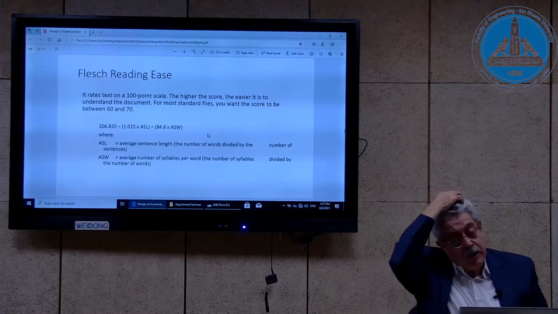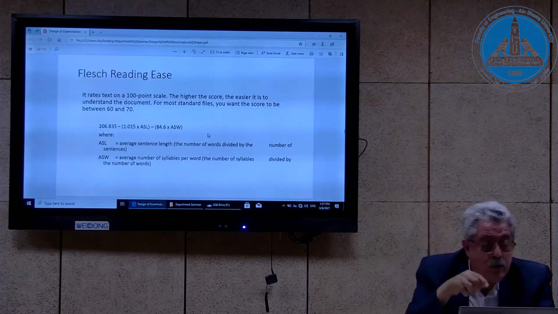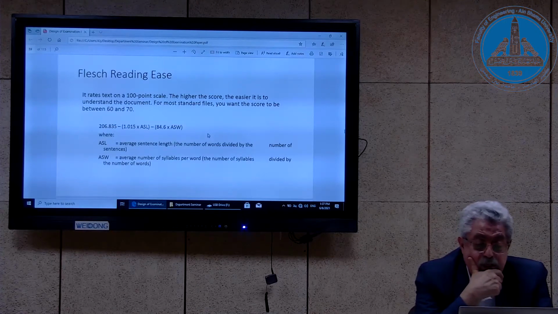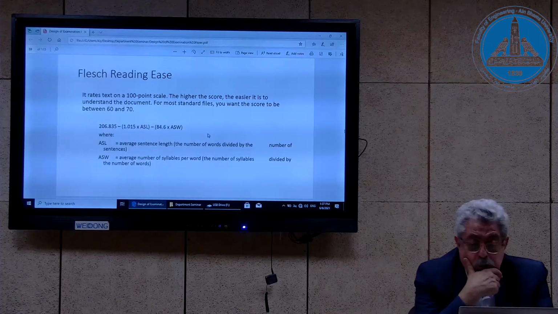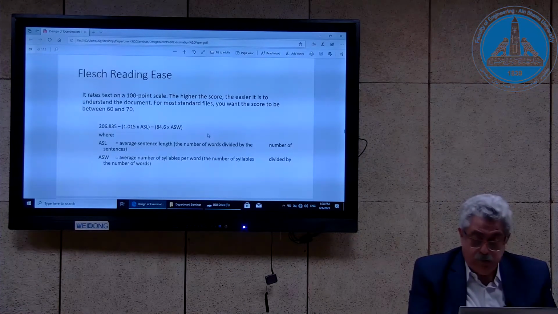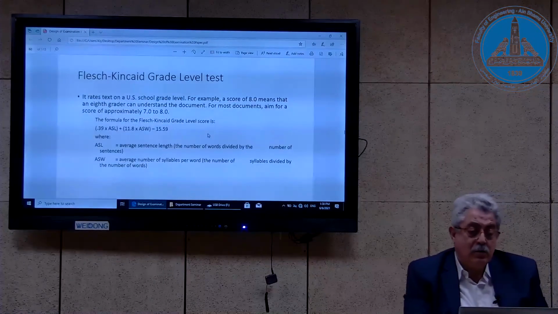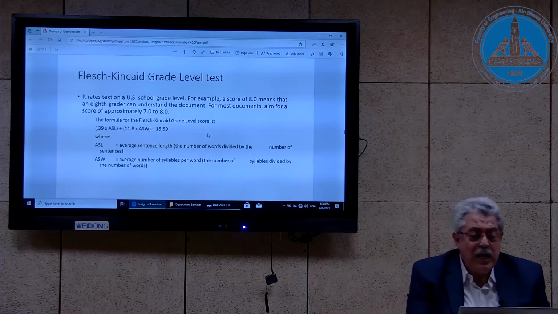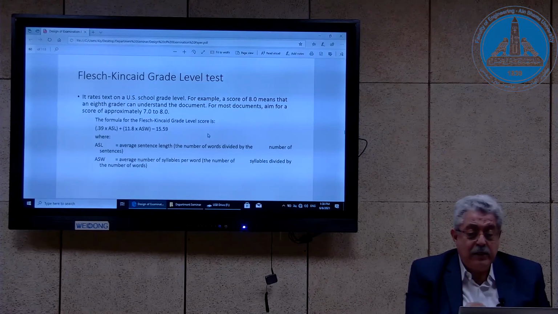The Flesch reading ease, this is the equation, and this is the definition of ASL, which is the average sentence length measured by the number of words divided by the number of sentences, and ASW is the average number of syllables per word measured as the number of syllables divided by the number of words. And this is the other scoring test, and it also has mathematical formulas using the same ASL and ASW.